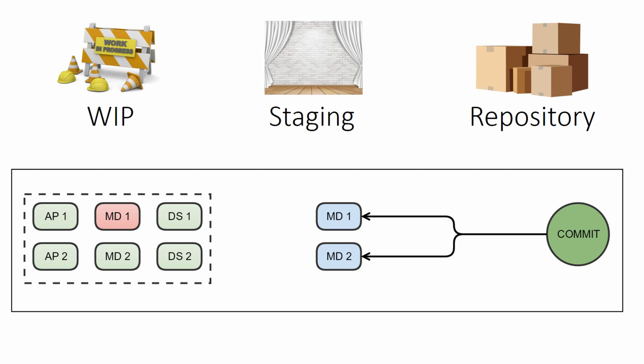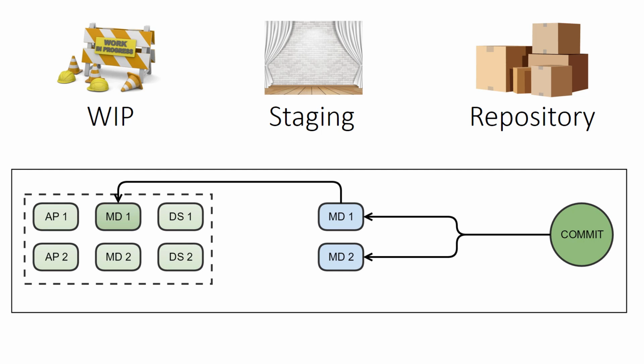However, we only made a mistake on one of the files. So what we'll do is take the MD1 file and restore it into the working directory. We don't need to restore the MD2 file into the working directory. We didn't make any mistake there. So after we restore it, we can just ignore MD2, or we can just delete it from the staging area.